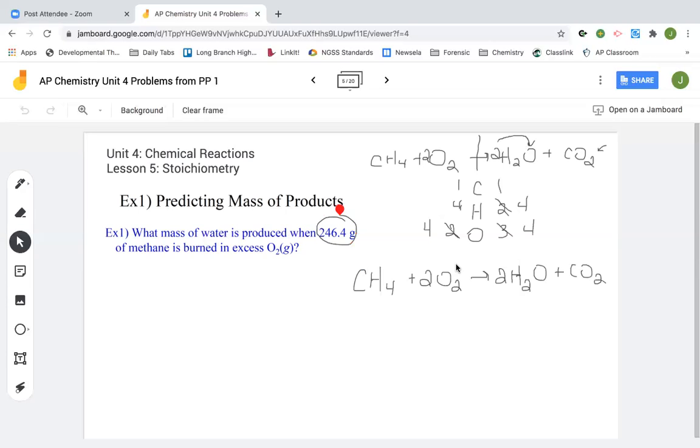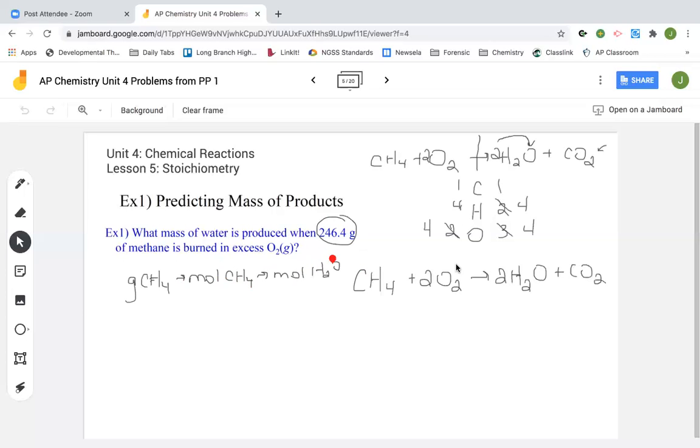So they're giving us the mass of methane. So when we want to find the mass of water, we're going to start with grams of methane, and we're going to have to convert that to moles of methane, which we are then going to convert to moles of water.